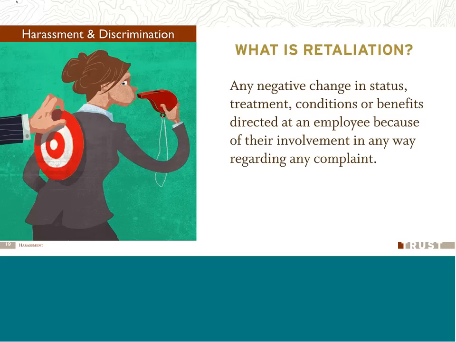But if you treat someone differently, if you give them a bad schedule, if you give them undesirable work assignments because you're upset with them for making a complaint, those are examples of retaliation. Worse examples of retaliation, of course, could be demoting or firing somebody because you weren't happy about them making a complaint. We can't do that. That would be illegal retaliation.